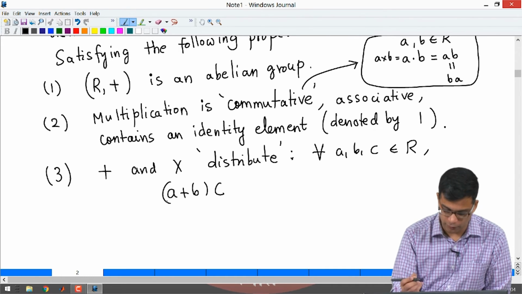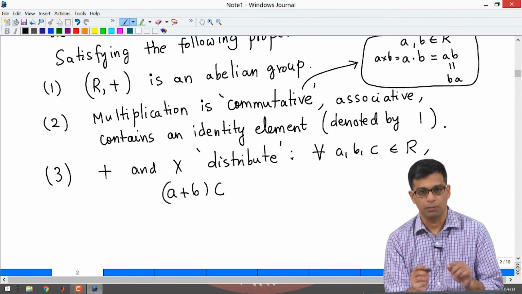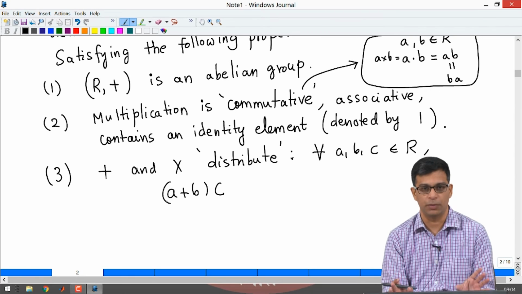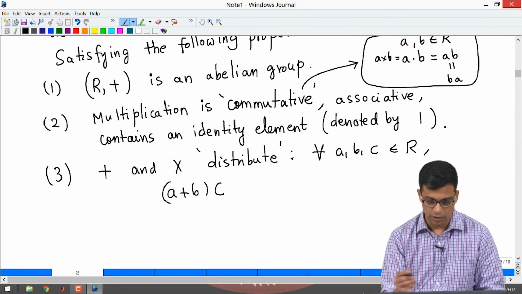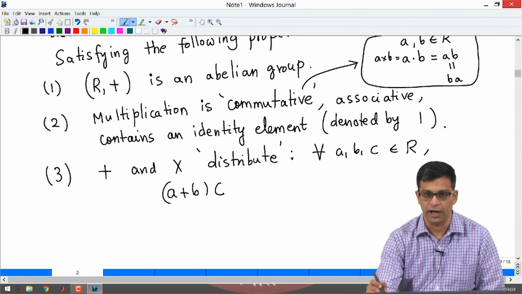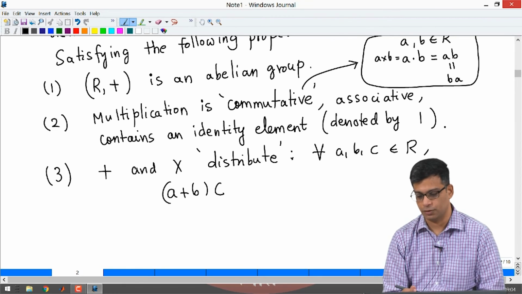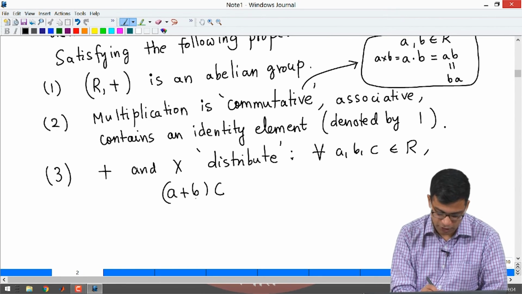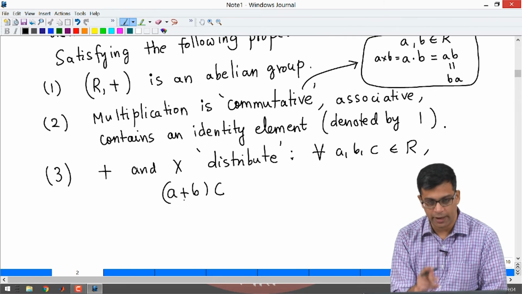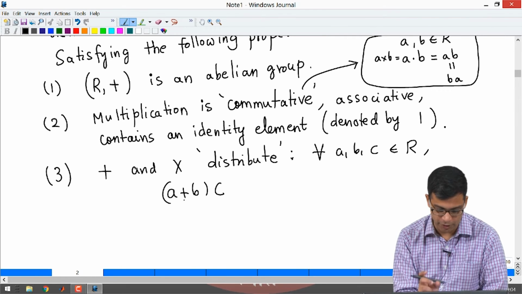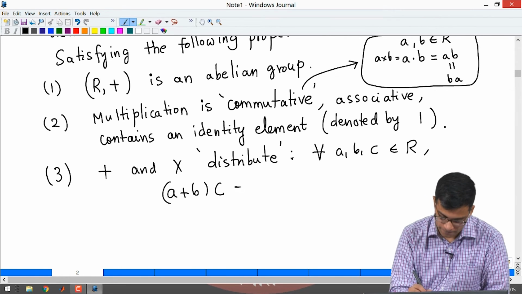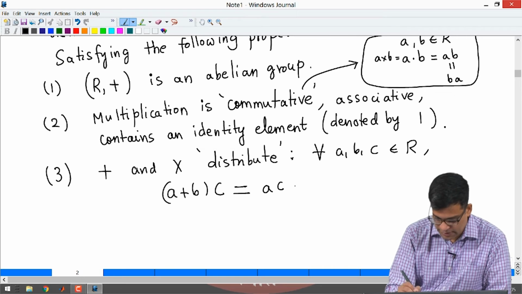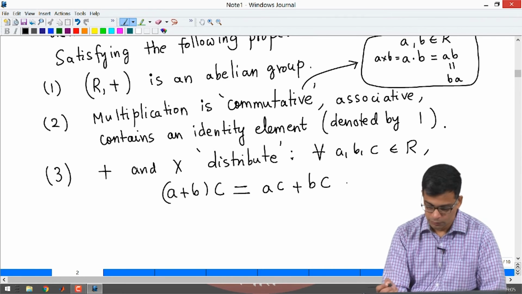Remember I have already indicated to you that when I multiply, I do not put any symbol between the two elements; I just write AB to denote the multiplication of A and B. When I am adding, I write A plus B. So, A plus B in brackets times C means you add A and B first, and whatever the ring element is, you multiply by C. That must equal AC plus BC.